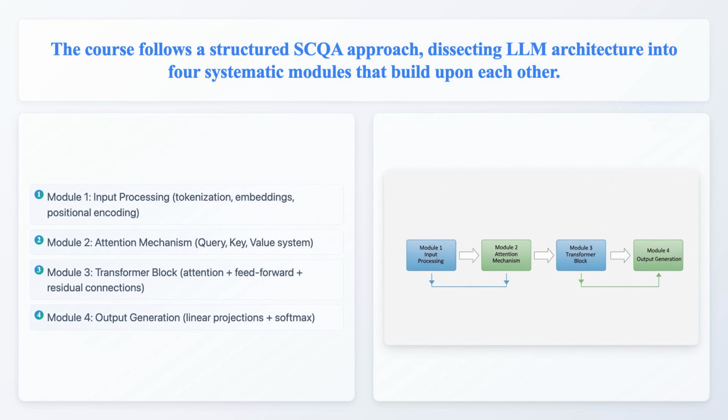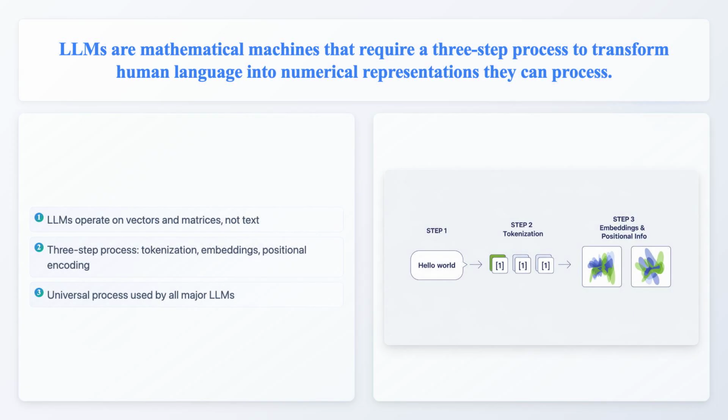Finally, Module 4 examines output generation, the mathematical process that converts internal representations back into human-readable text through linear projections and softmax functions. Each module builds upon the previous, creating a complete understanding of how text flows through an LLM from input to output.